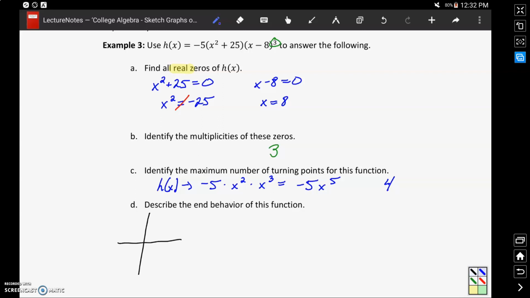And based off that power function, for extreme values of x, our function is going to be mirroring behavior like this. So we can say that as x approaches infinity, h of x is approaching negative infinity. And as x approaches negative infinity, h of x is approaching positive infinity.